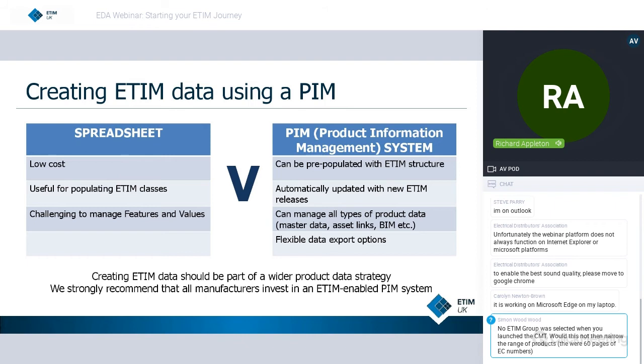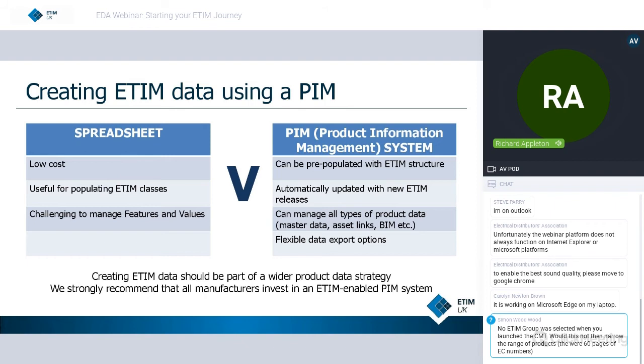It's really not designed for dealing with those sorts of multi-layered data structures. So creating ETIM data, if you're going to go the full hog and create the features or the values associated with each feature, and if that's what your distributors are asking for, is likely to be part of a broader product data strategy.